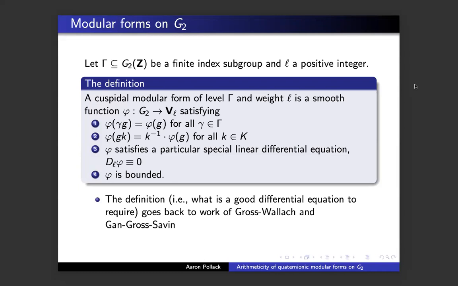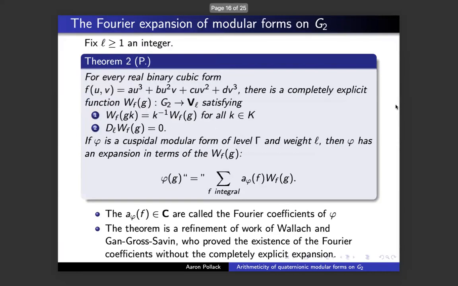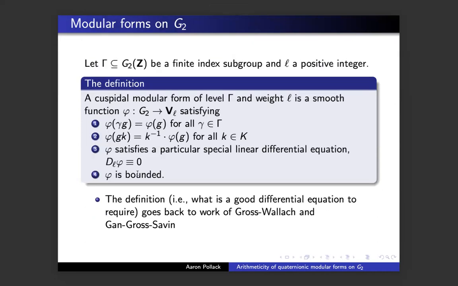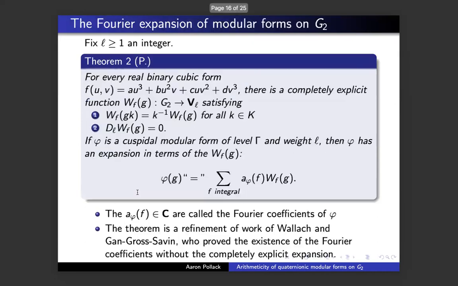Okay, so with this definition, it turns out that these modular forms have a pretty robust semi-classical Fourier expansion. This is a theorem that I proved a few years ago, maybe 5 or 6 years ago now, that says that these modular forms on G2, in the sense of this definition, have a robust Fourier expansion.